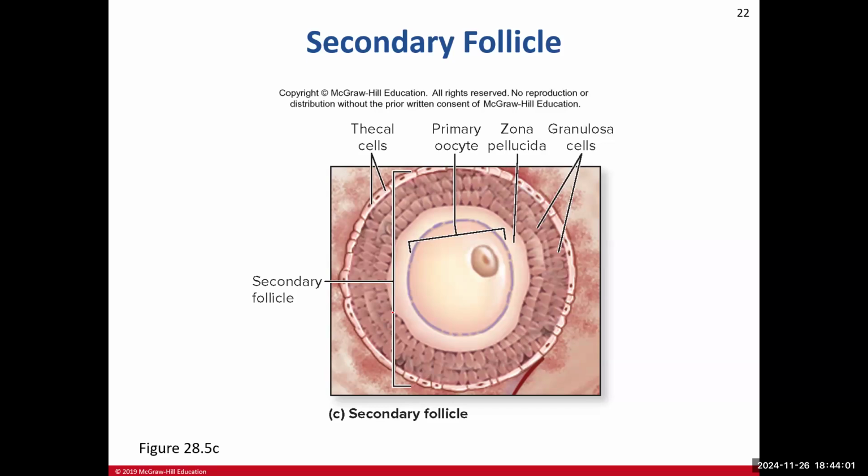They go from one cell layer, now there's several cell layers, and then our peripheral cells here on the outside, those are the thecal cells. So the thecal cells produce the androgen, the granulosa cells convert it to estrogen, which helps this whole maturation process go on with the follicles and also helps to assist the uterus in generating more of an appropriate uterine lining there for implantation.